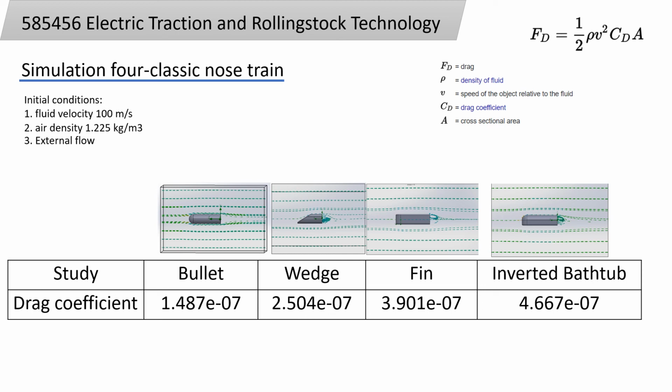According to the simulation result and the formula given, we find that the bullet shape has the minimum drag coefficient and the second one is the wedge. These two show relatively small drag coefficients compared to the fin and inverted bathtub.